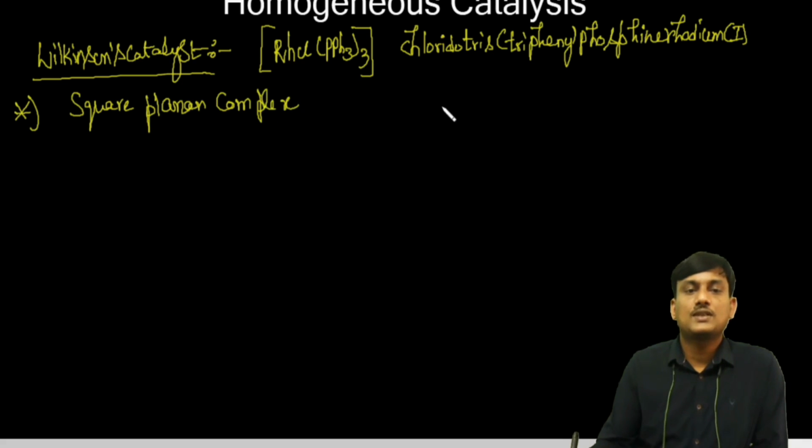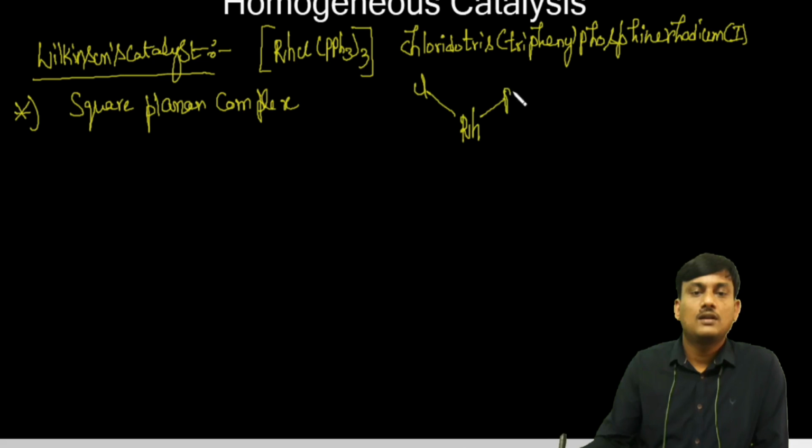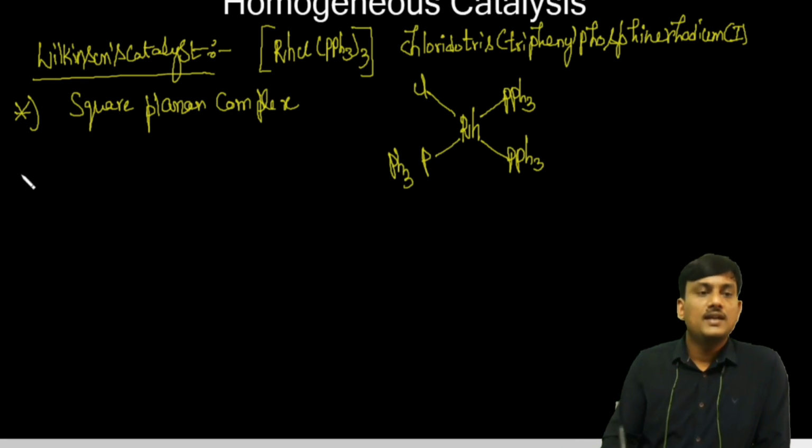This is the structure of Wilkinson's catalyst. The metal is rhodium. The ligands are chlorine and triphenyl phosphine. It's a 16 electron complex.